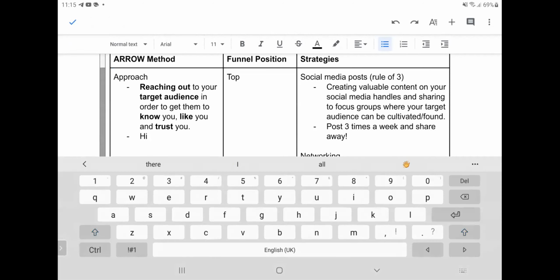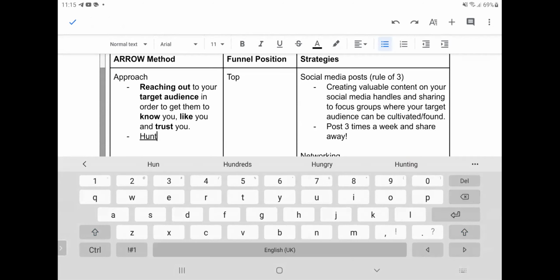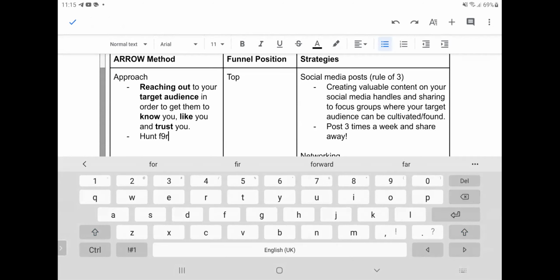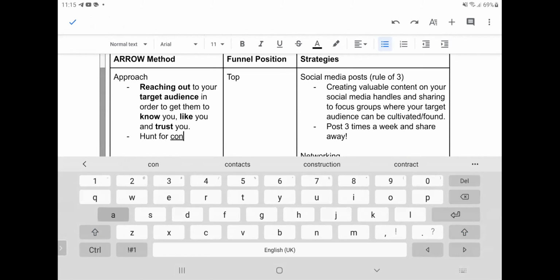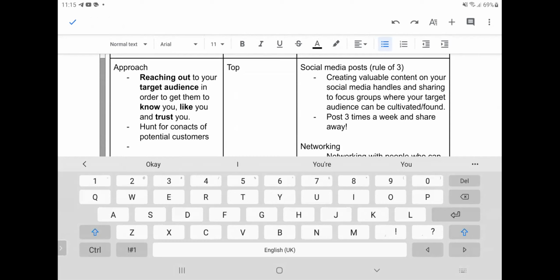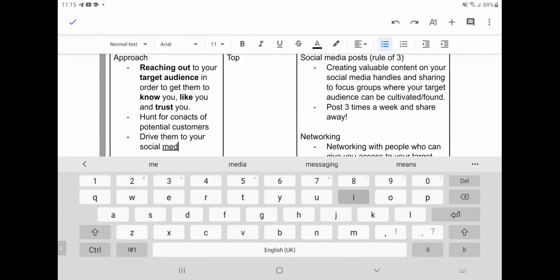Part of the things you are doing is to hunt for contacts of potential customers. Then drive them to your social media pages.